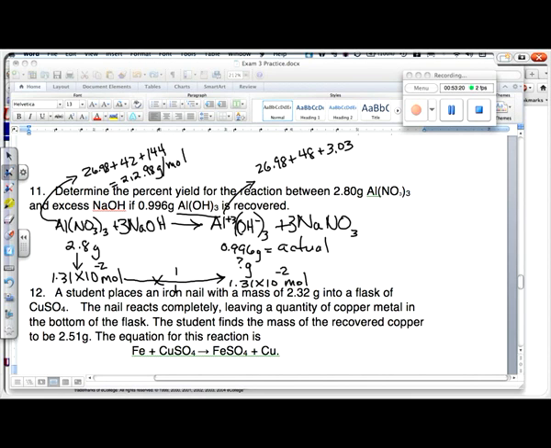And that is 78.01 for a molar mass. So times 78.01 grams per mole. Moles cancel, and this will be my theoretical yield. And I end up with, looks like 1.02 grams.